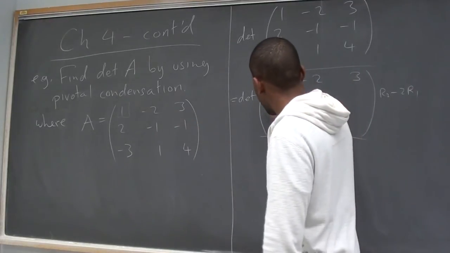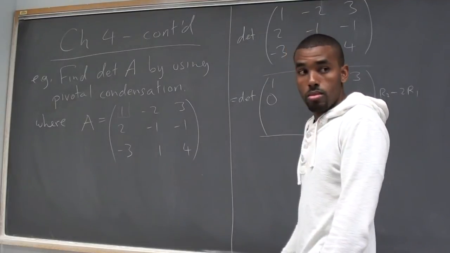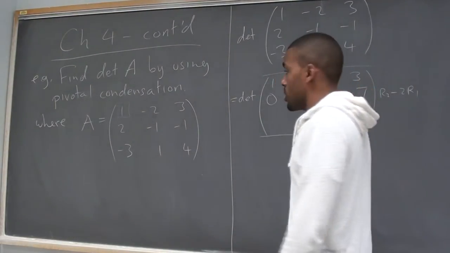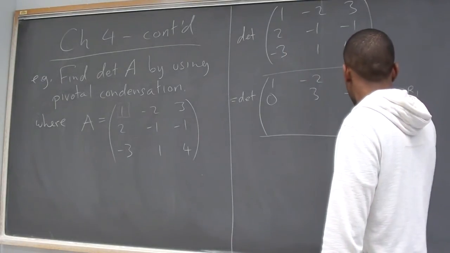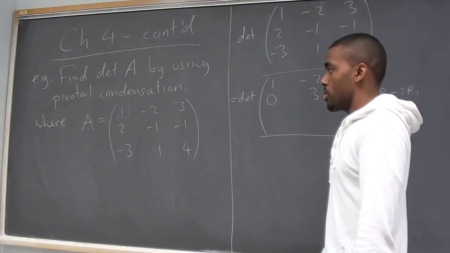And then I would get what? 0, 3, and -7. Okay. Now if I replace row 3 by row 3 plus 3 times row 1, what do I get?